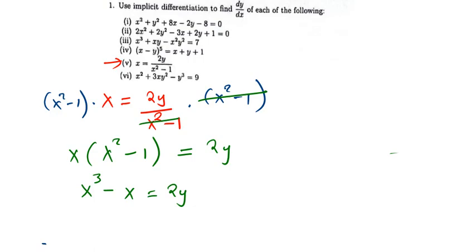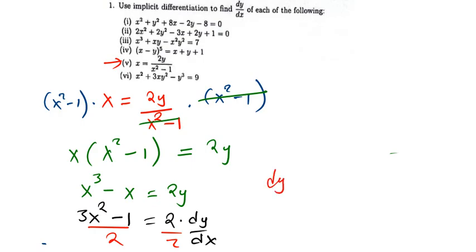And then at this point we can just do the needful. Derivative of x to the power 3 is 3x squared. Derivative of minus x is minus 1. Derivative of 2y is a 2 dy/dx. Because we've differentiated y, divide both sides by 2, or multiply by 1 over 2 on both ends. So our dy/dx becomes 3x squared minus 1 over 2. Simple and straightforward.